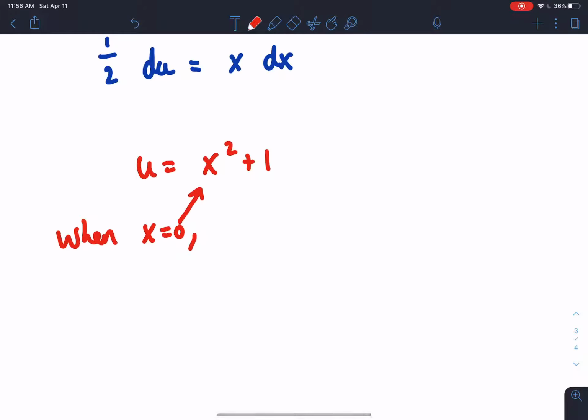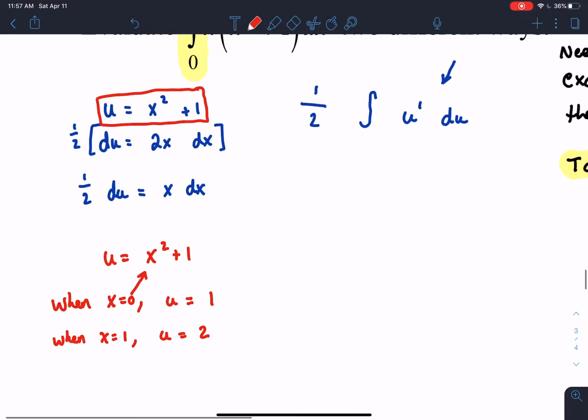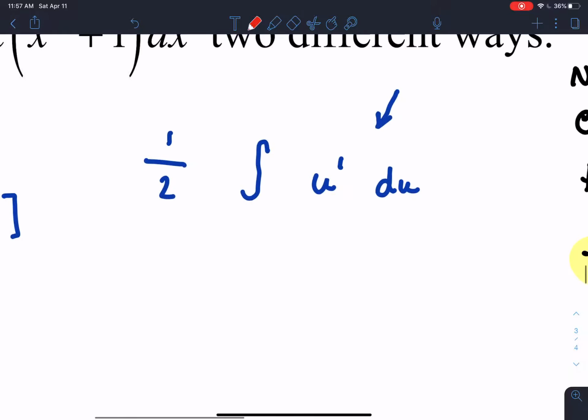So if I do 0 squared plus 1, I get 1. And the other limit was when x was 1. When x is 1, u is 1 squared, which is 1, plus 1, which is 2. So when I rewrite my problem, my limits now go from 1 to 2 instead of 0 to 1.